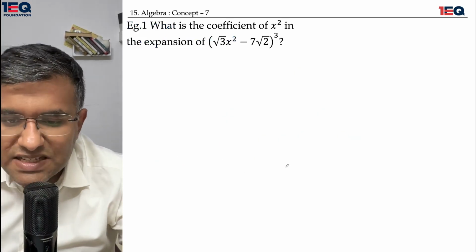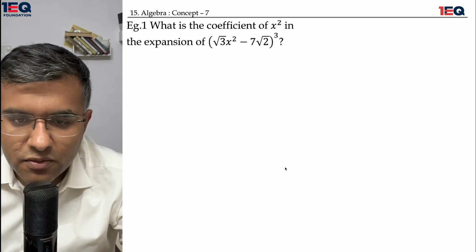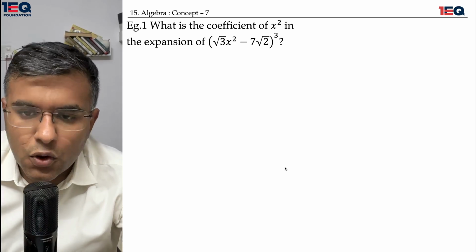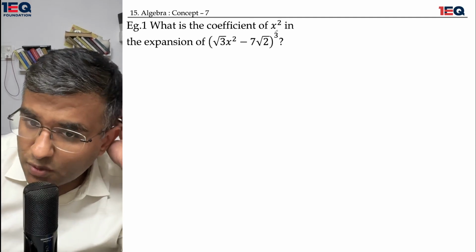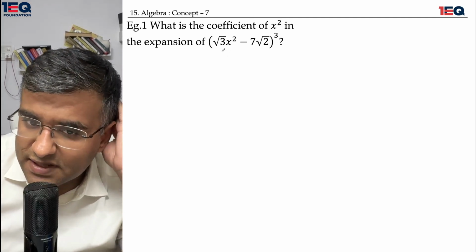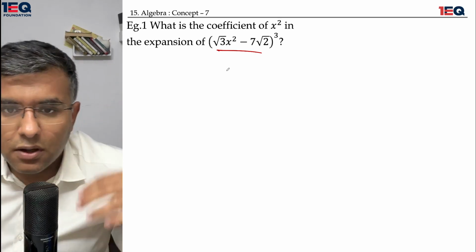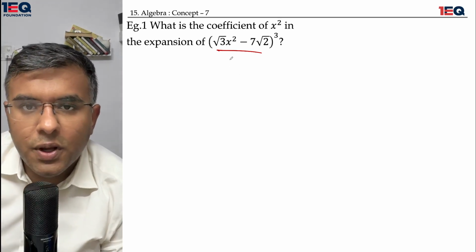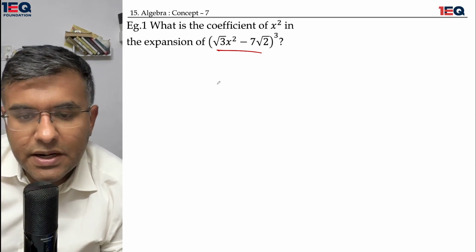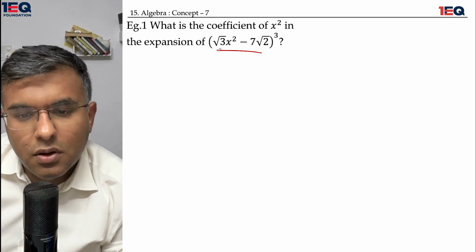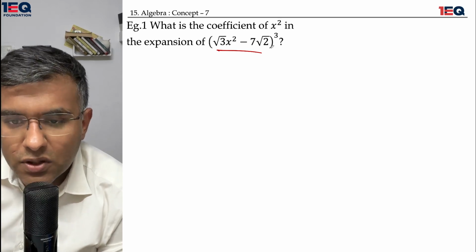I'll move to the questions now. What is the coefficient of x square in the expansion of this question? Let me quickly expand it. Do we have a chance of taking anything out in common?